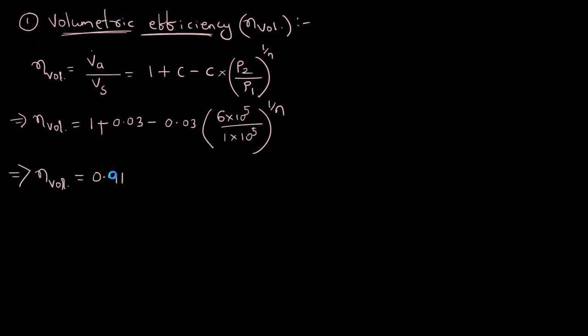0.91. Is it correct? Somebody please check, because in the book it is given 85%. It is telling 0.91, which is equal to 91% according to this. But in the book, the answer is given 85%. You want to check whether 91% is correct or whether 85% is correct.